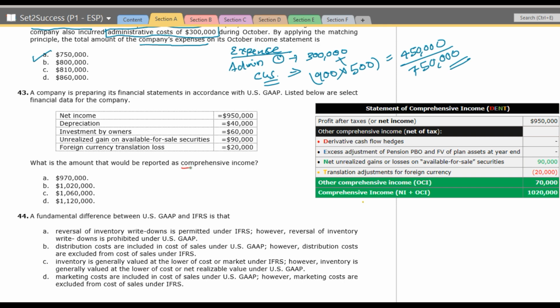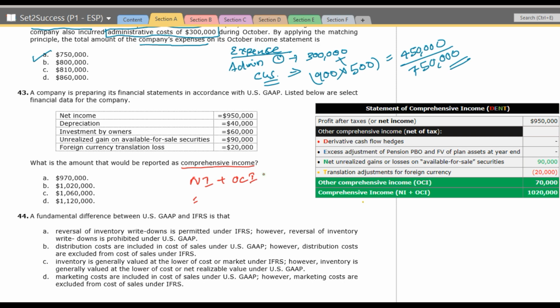So we need to understand what comprehensive income is. Comprehensive income is net income plus OCI. OCI is other comprehensive income. So we start from net income and add certain items in OCI. What are the items that are added in OCI?